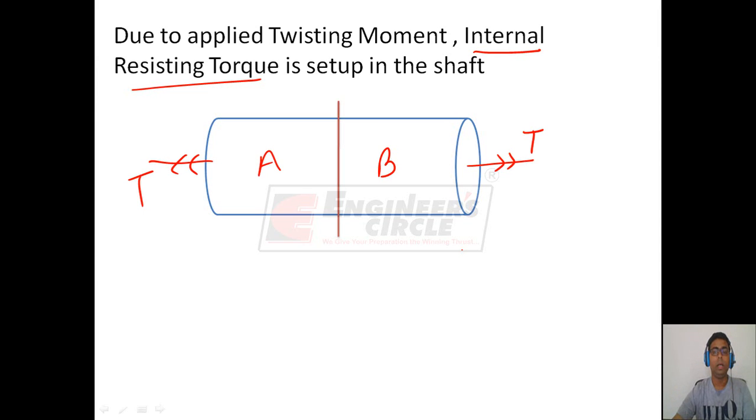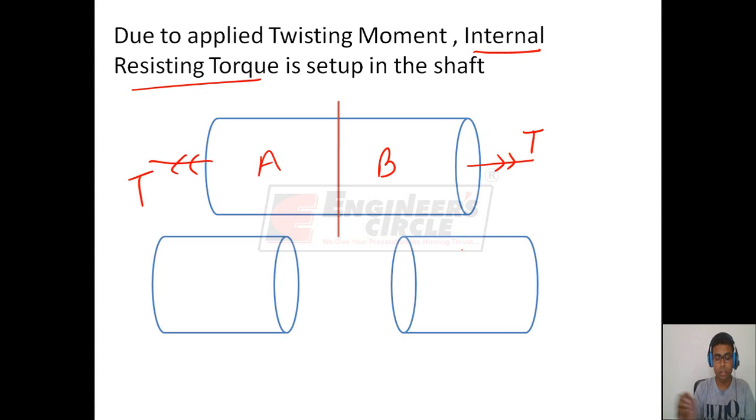To know about the internal torque, consider section A and section B. On section A, a load is acting like this, and on section B, a load torque is acting like this. To keep the part A in equilibrium, an internal resisting torque must be acting in this direction. Let us call this internal torque as T.